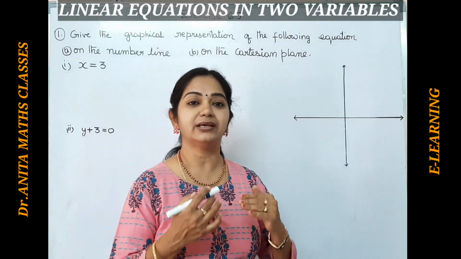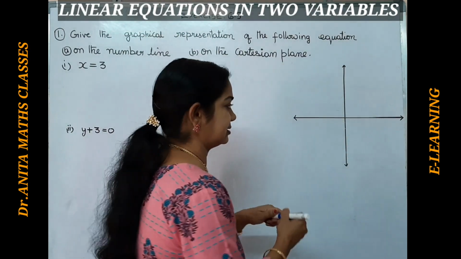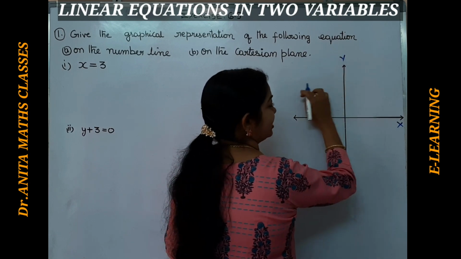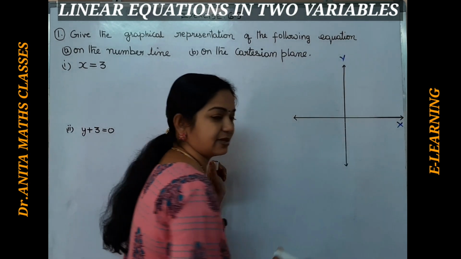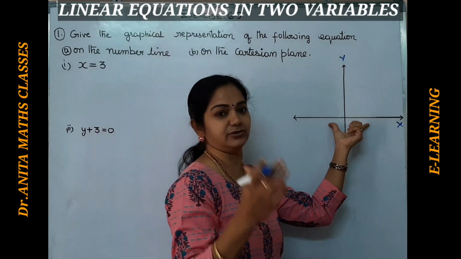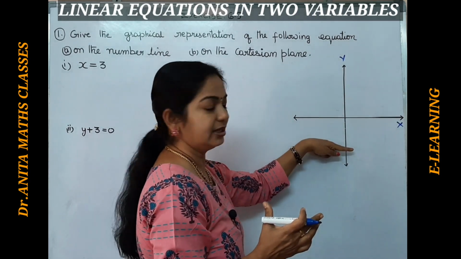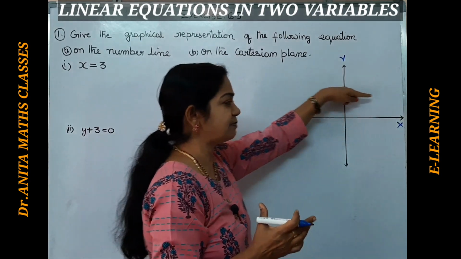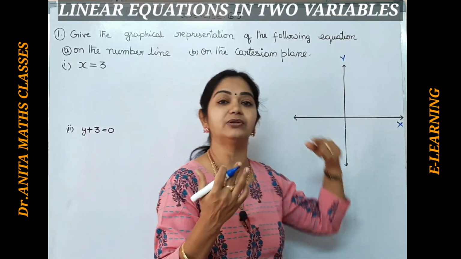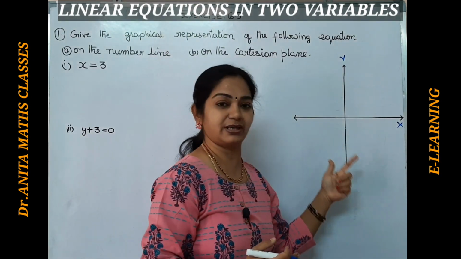And also the equation of the line which is parallel to the x-axis. See, this is the x-axis, isn't it? This is the y-axis. Now if a line is parallel to the x-axis, how will that line be? Now we are telling x-axis is y equal to 0. So a parallel line will be on this side or this side. That means if the line is parallel to the x-axis, it must be y equal to k, where k is some constant, 2, 3, minus 2, minus 1, something.